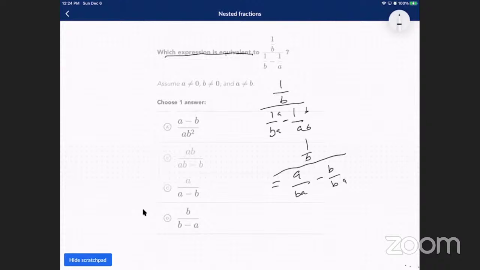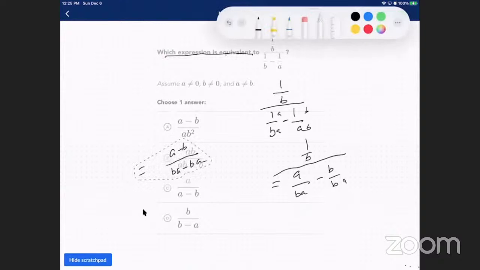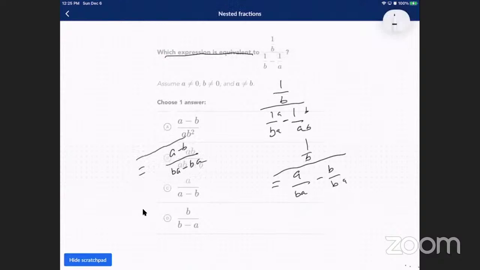Sorry. All right, so yeah, we have that. And now that we do this, we would have something equal a minus b over ba minus ba. And then you would also have, just bring it over here so I can make it that, and then you have 1 over b.